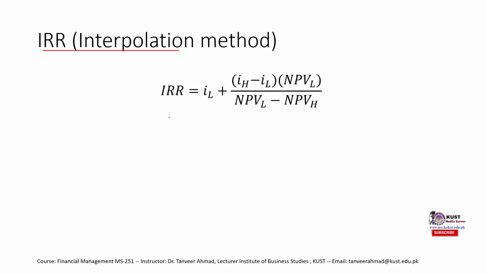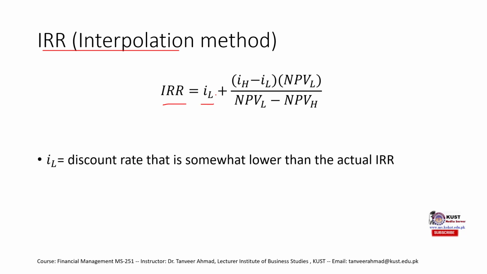The formula is IRR is equal to IL, where IL is the lower discount rate. In the previous example, the discount rate of 10% was the lower discount rate. By lower we mean where NPV was positive. IH is the higher discount rate, by which we mean where NPV is negative. We again have IL, then we multiply it with NPVL.